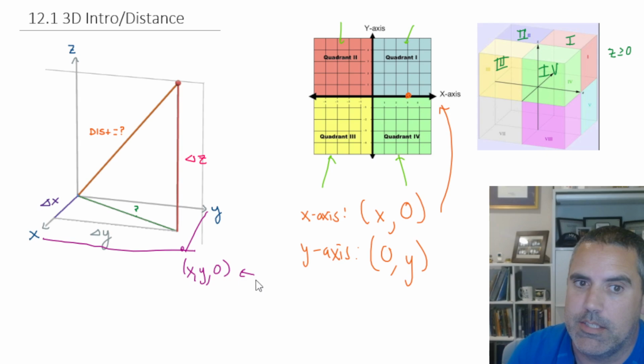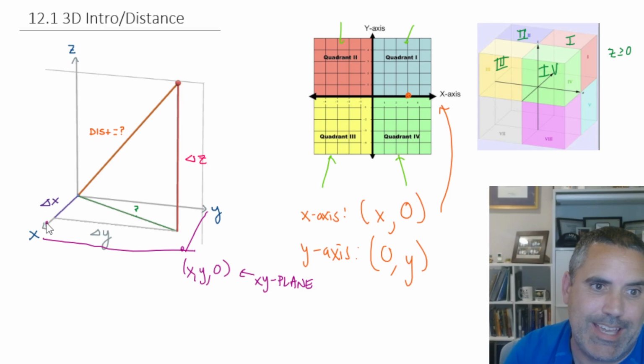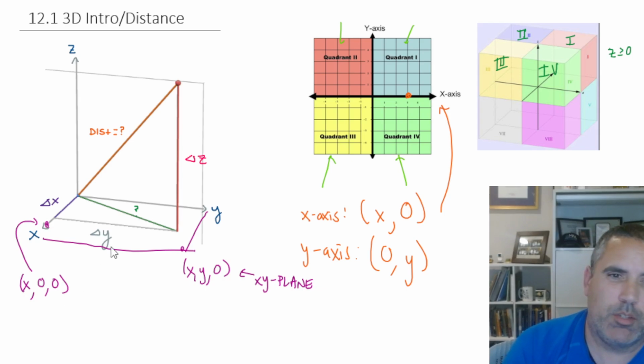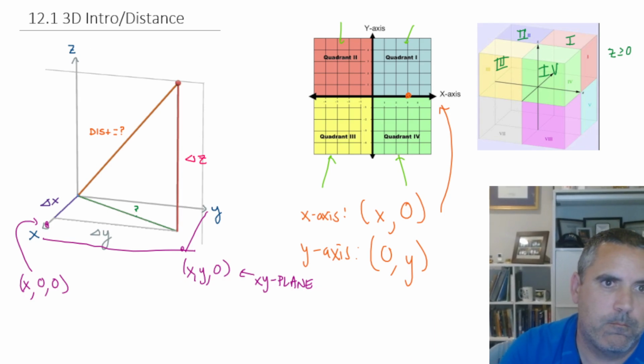So this is what it means to be on the xy plane. Now casually we like to just say z has to be 0. Now if you're on the x-axis, that's a different story, because if you're on the x-axis, both y and z have to be 0, and x can be anything you want. So this will come up in some of your homework questions, being able to think about what we have.